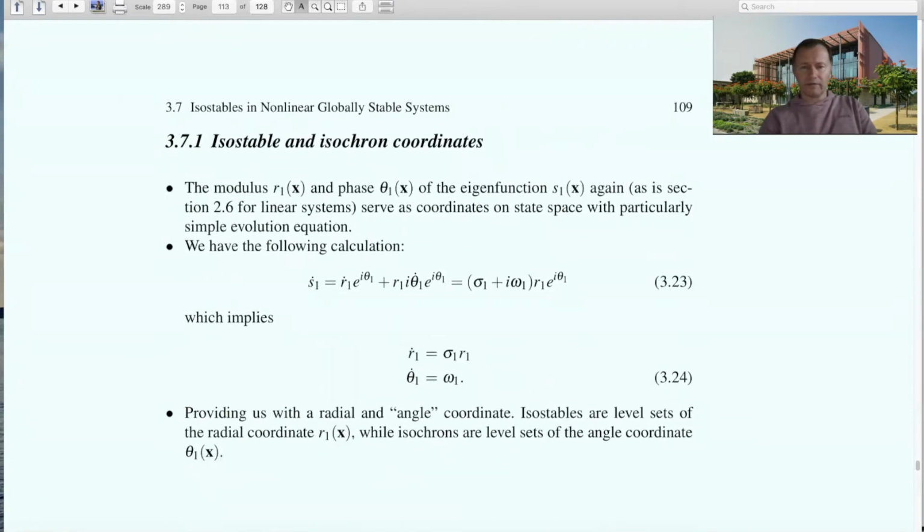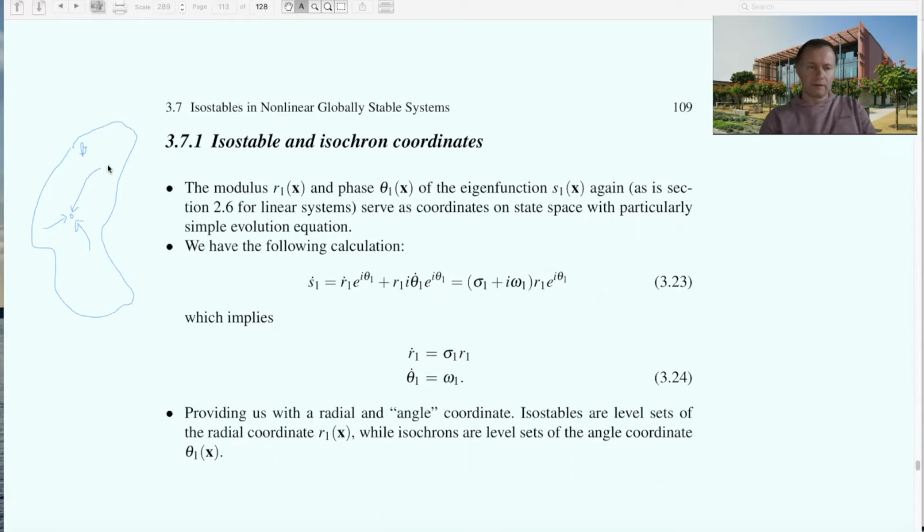So now that we have the definition of isostables, let's go back and look at where we are so far. So we have the basin of attraction, B, and then we have a fixed point, and let's say that's a stable fixed point. So everything converges to that fixed point from the basin of attraction. And now, so far, we have this definition of isostables. These are these level sets of the slowest eigenfunction.